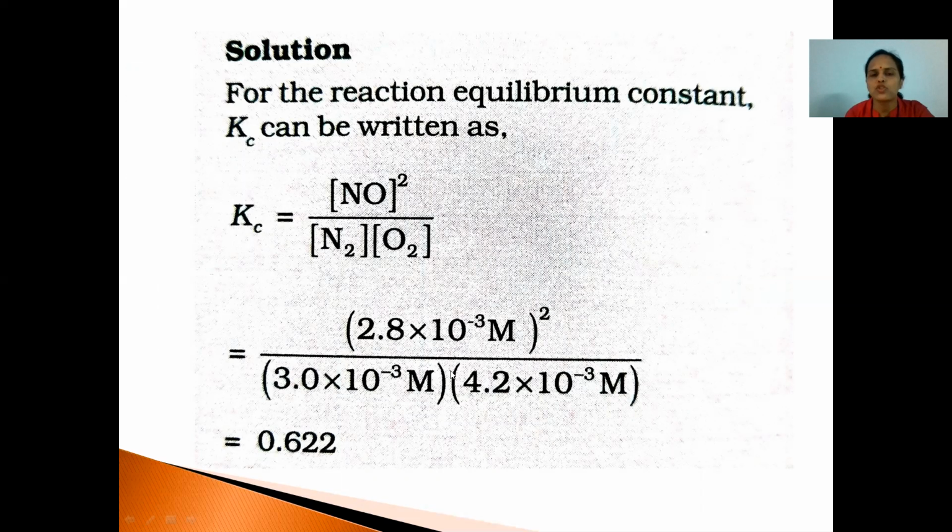On putting the values, 2.8 into 10 raised to minus 3 square upon 3 into 10 raised to minus 3 into 4.2 into 10 raised to minus 3. So molar square gets cancelled, and we get the answer here as 0.622. No unit is there, unit is cut.